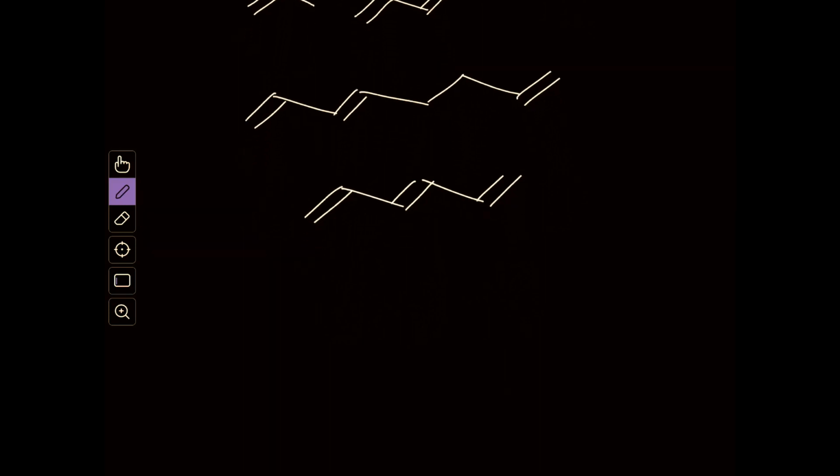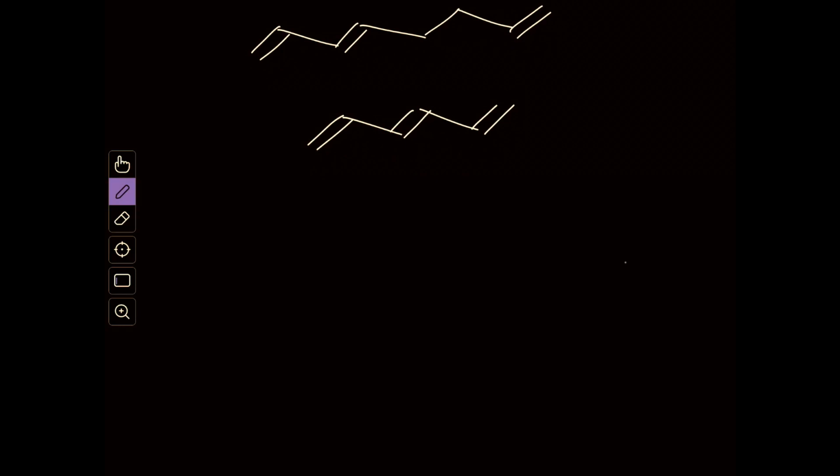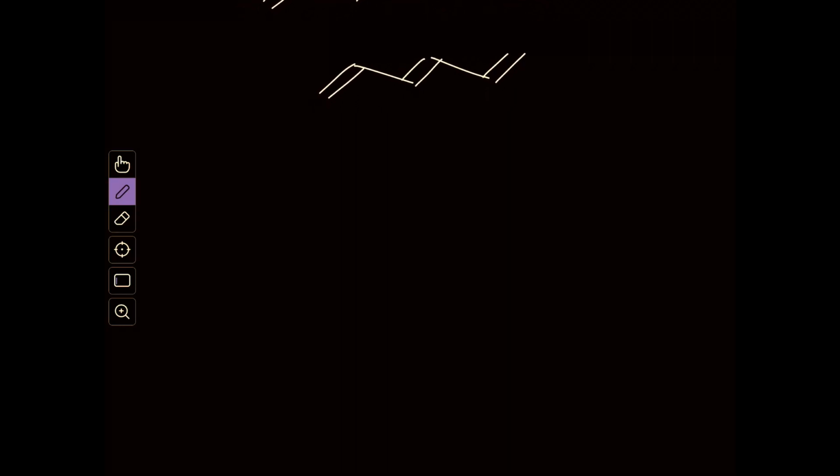Now let us talk about the basic principle of UV spectroscopy. The energy range or wavelength range used in UV spectroscopy falls in the electronic energy states of the molecule. Electronic energy states means the energy of different molecular orbitals.